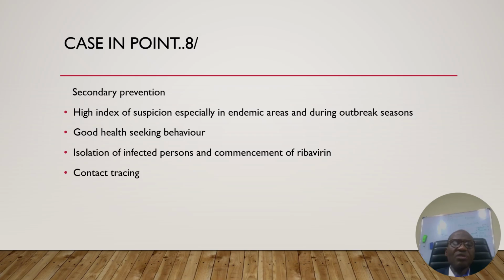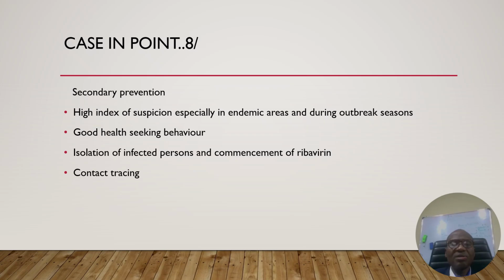And then contact tracing. All those who have been exposed to the virus, to a case, in the last 21 days are regarded as contacts. And there's a protocol for managing contacts.